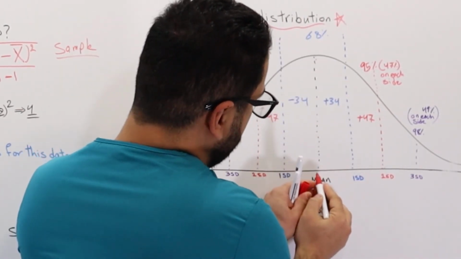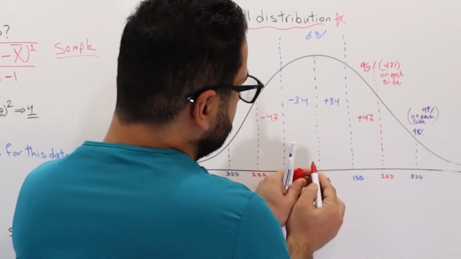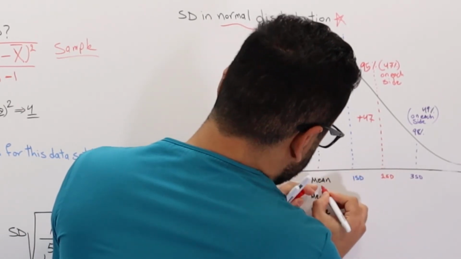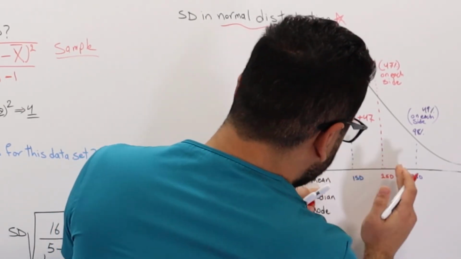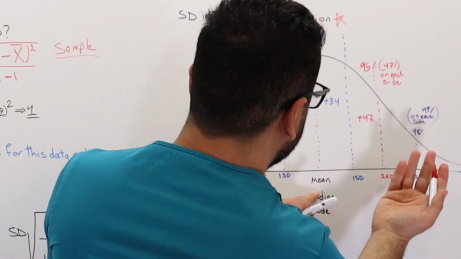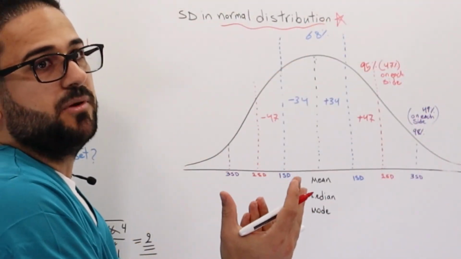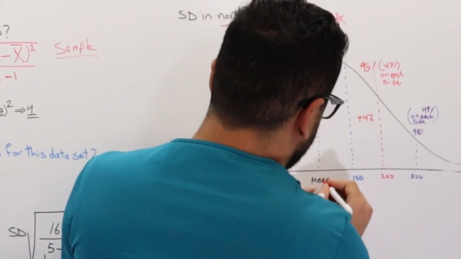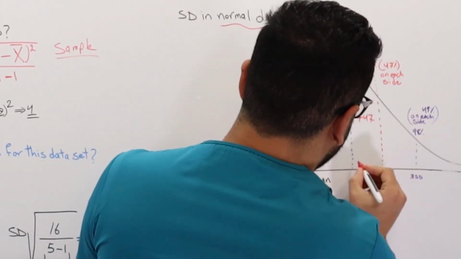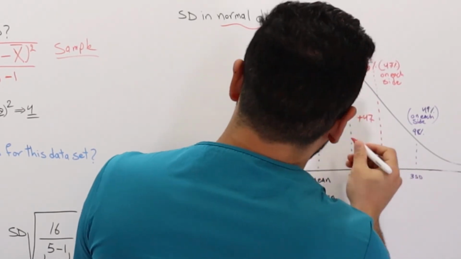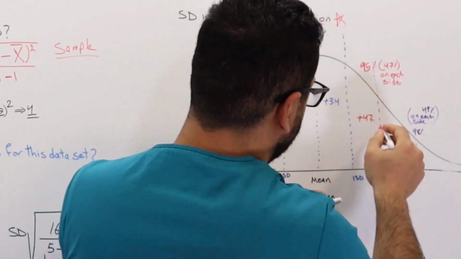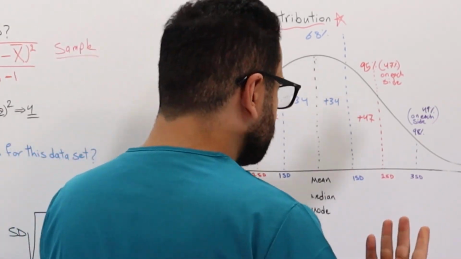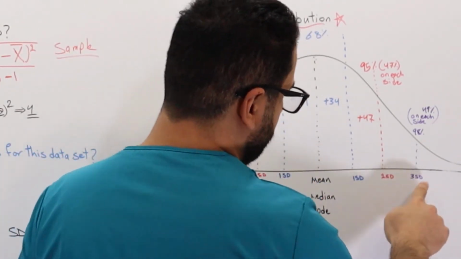Just like you see, the mean is right in the middle, and the further we get from the mean on either side, the more people from that sample we include. As we go all the way to plus 47 or minus 47, that's 2 standard deviations. And the last one is 3 standard deviations.